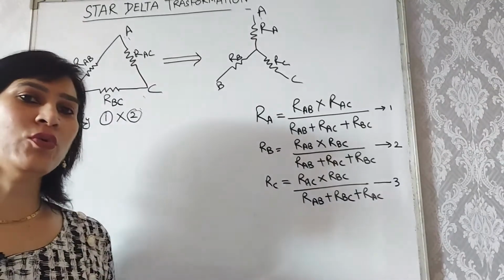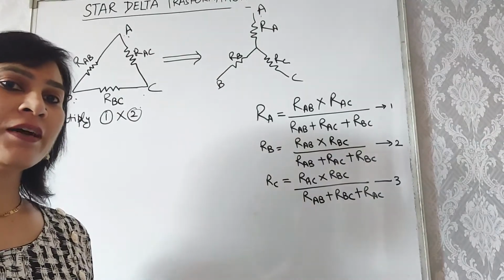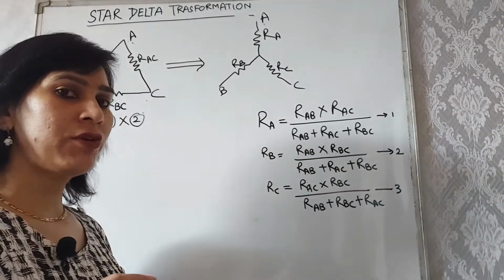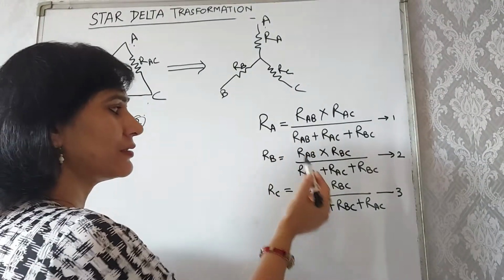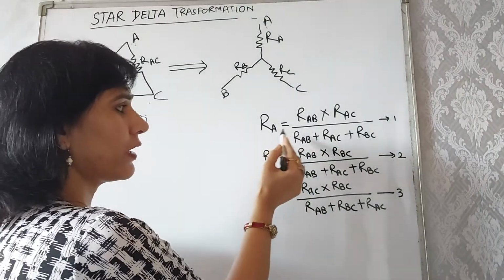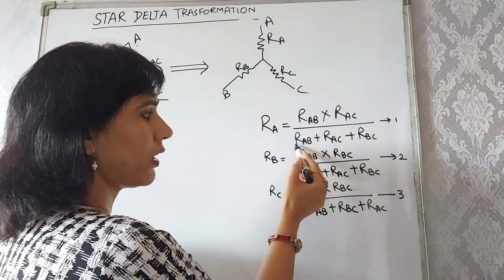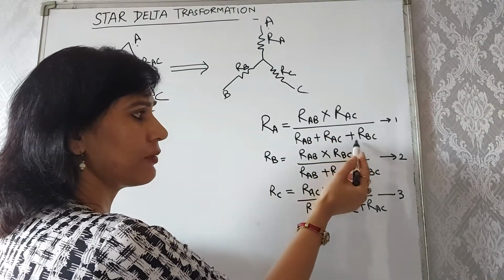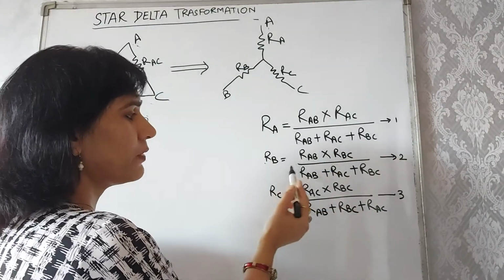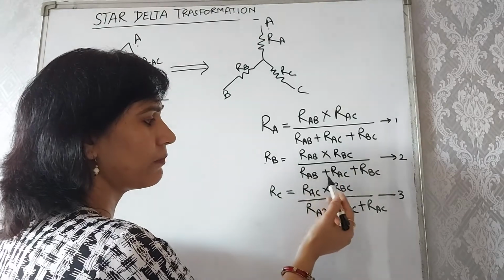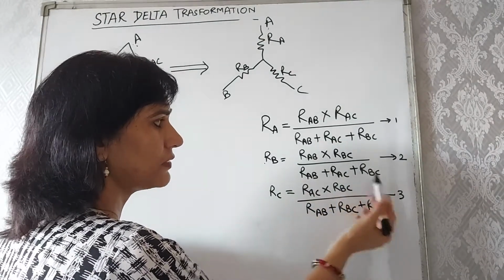Now we will do the star to delta conversion proof. We start with these 3 formulas: RA is equal to RAB into RAC upon RAB plus RAC plus RBC. RB is equal to RAB into RBC upon RAB plus RAC plus RBC.